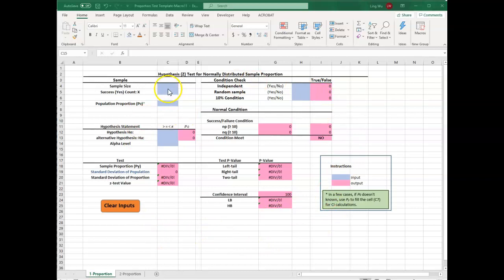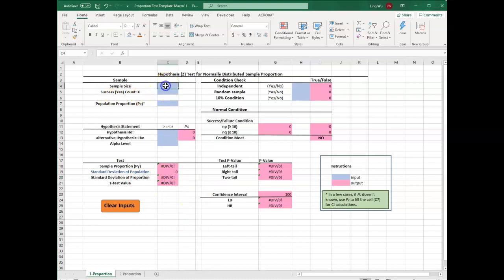The blue cells indicate the input values, which require you to insert values, and the red cells are the output values. You don't have control over those red cells, you only insert the input values. Remember, do not delete those red cells, because they have the equations associated with them.